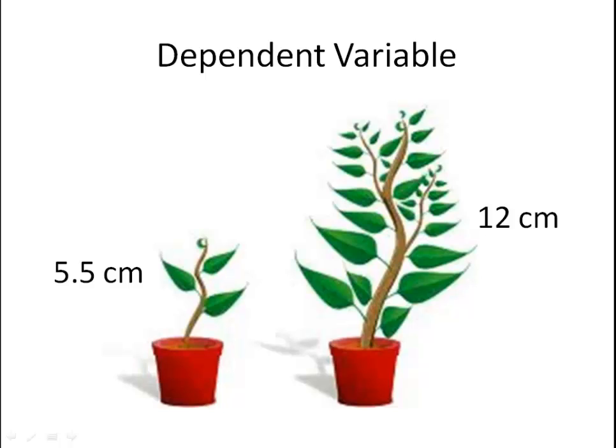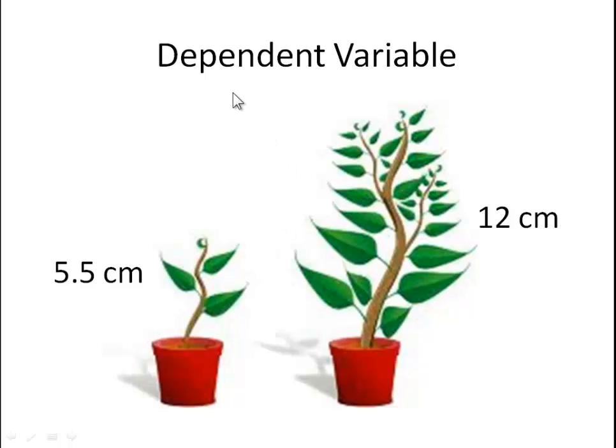This is what we call the dependent variable because it depends on the independent variable. The independent variable should be the only difference between our two groups. It should be the only thing that makes a difference between the two different heights of the bean plants.